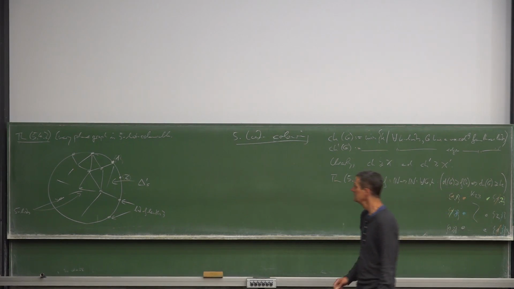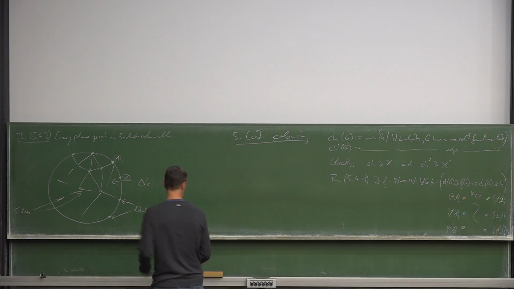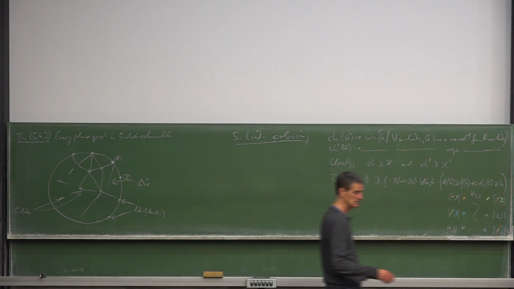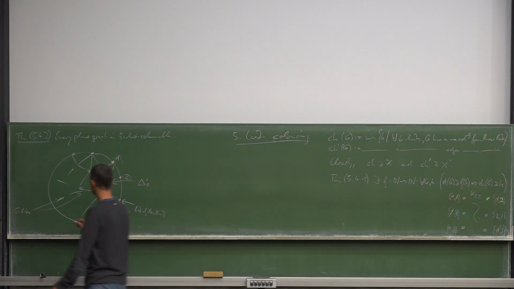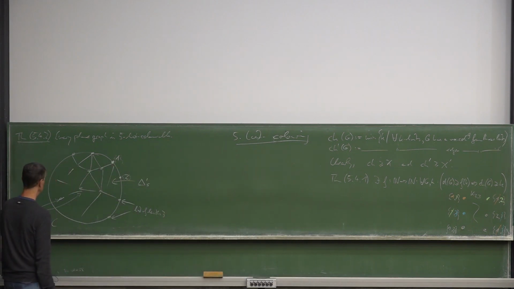And the proof has 2 cases. Let me call this cycle C. Case 1, C has a chord.